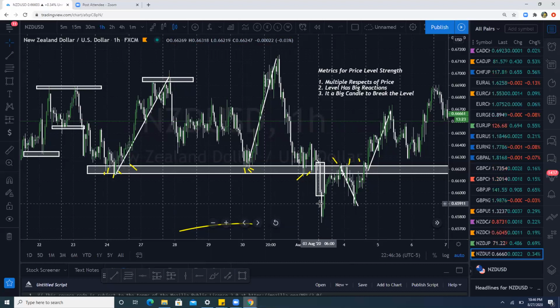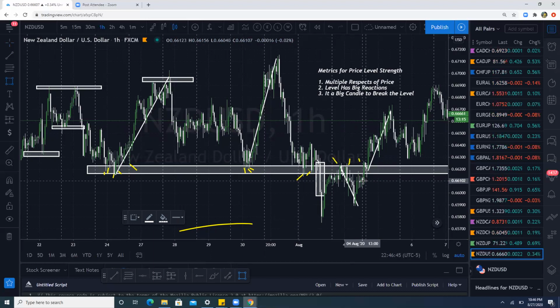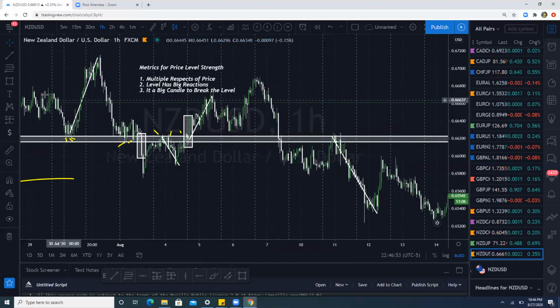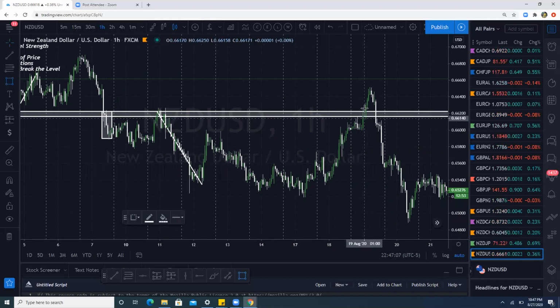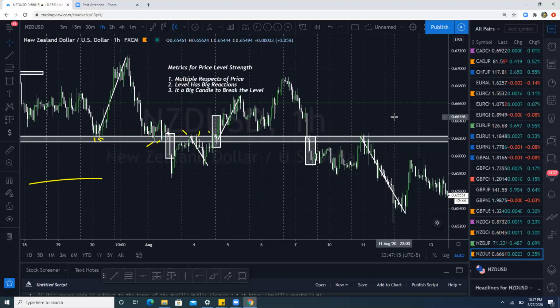It actually helps qualify that it's a strong level, because it takes something this big to actually move the price. Or something like this movement here. It takes a big movement to actually move the price. This one, decisive movement. It took 2 hours instead of 1, but decisive movement. And see if I can find another one. I think there's another one here. So decisive movement and decisive movement. It takes a big decisive candle to break that level.